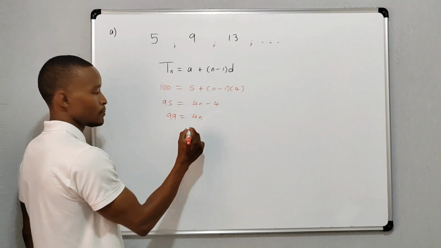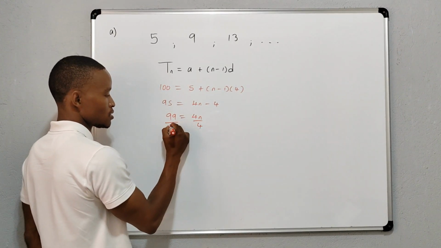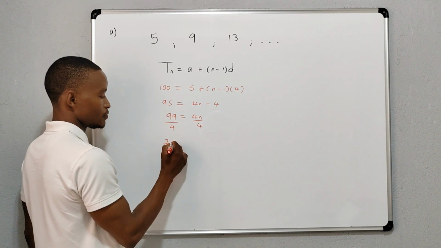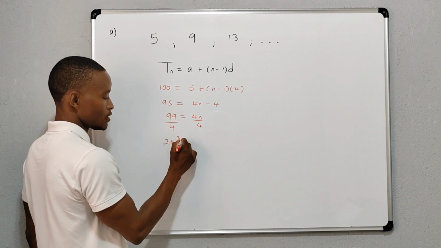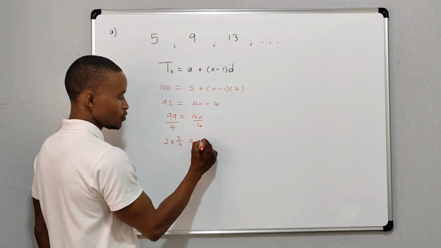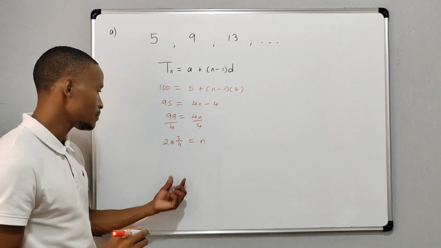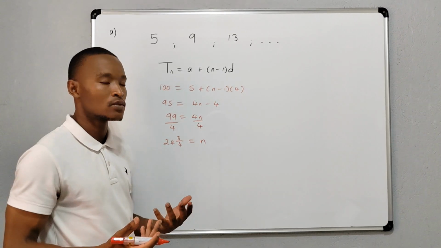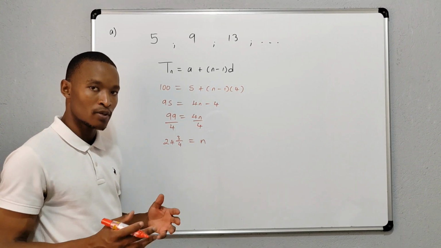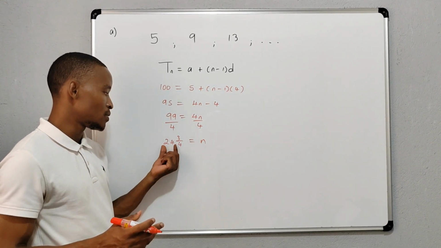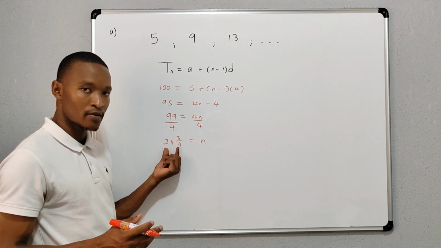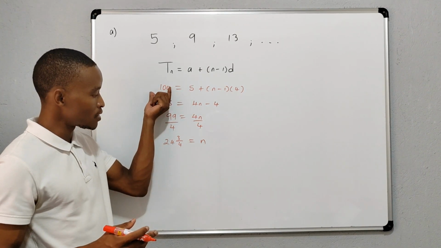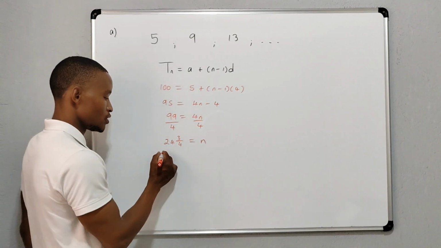How do we solve for the maximum number of pentagons? We have 24 and 3/4 that will result here. So this is a proper fraction, but it doesn't represent a whole. Remember, a pentagon is a complete shape. So the maximum number of pentagons that can be formed with 100 candles available is definitely 24.